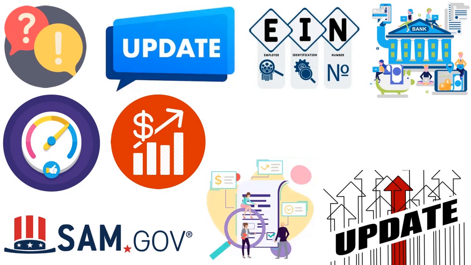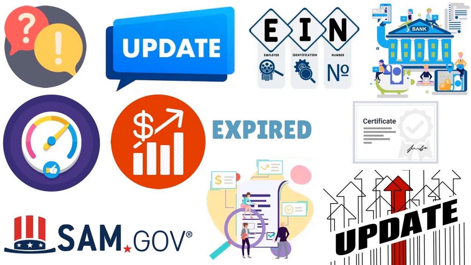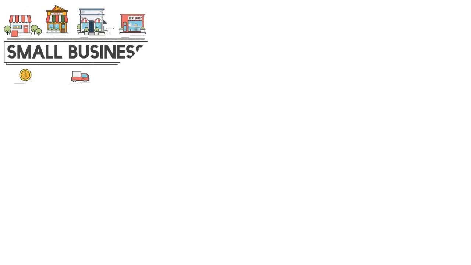So if not renewed by the first anniversary, your online record will become expired and mark you as inactive, okay? So the most important sections of your SAM.gov updates are your financial information, your size metrics, and representations and certifications, so your reps and certs. The size metrics are really important because maybe you started as a small business last year and then you become a bigger business.